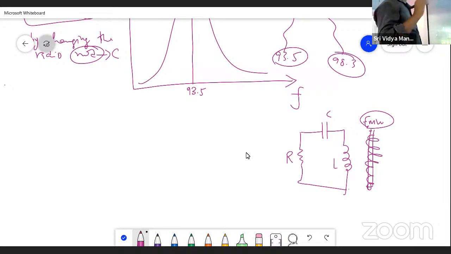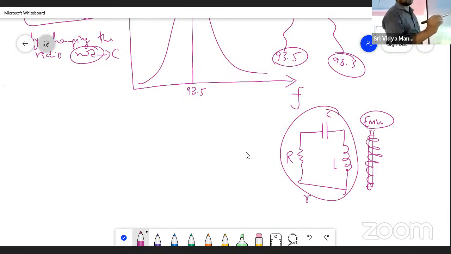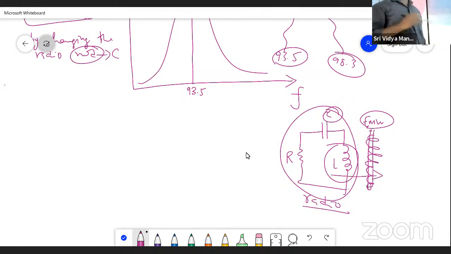Particularly one radio station should be selected. This is the radio knob of the radio RLC circuit. When the C value changes, the corresponding frequency changes. When the natural frequency of the RLC circuit matches the particular radio station frequency, that station is received.